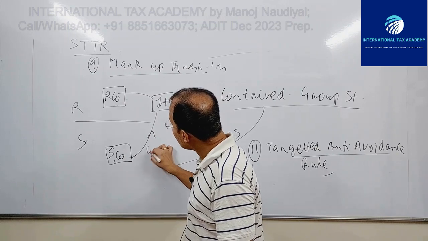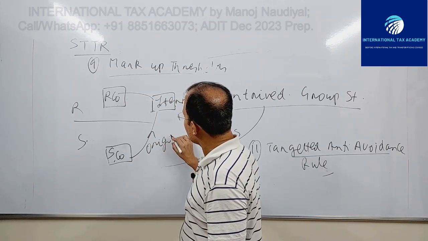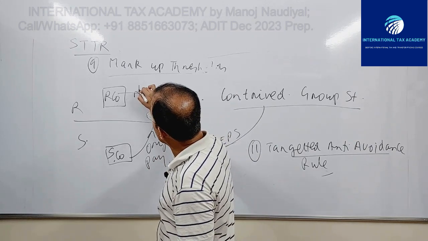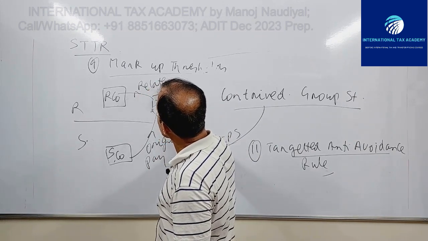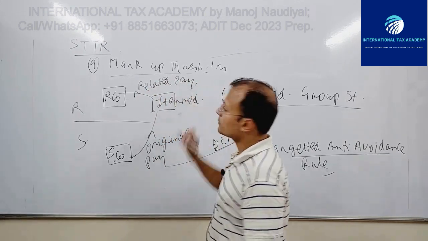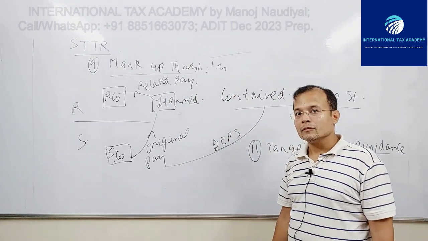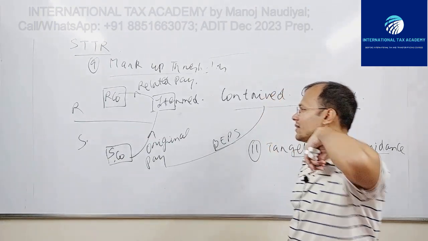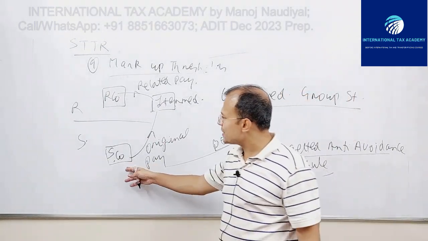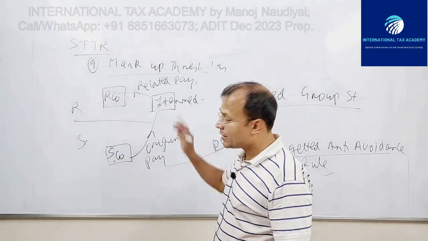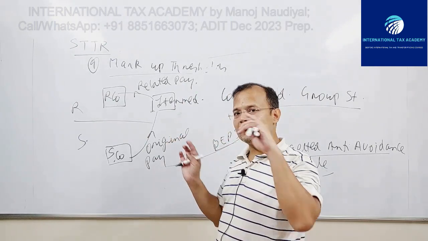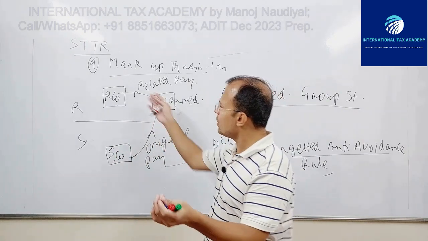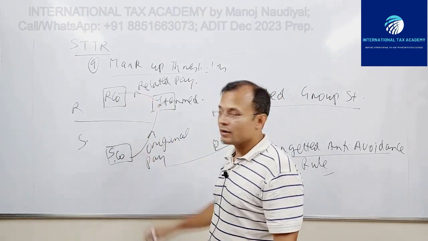This is the original payment, and this is the related payment. Two situations are conceived: ESCO makes an original payment to the intermediary, and the intermediary within 365 days makes substantially the same payment to ARCO. So this is the related payment.